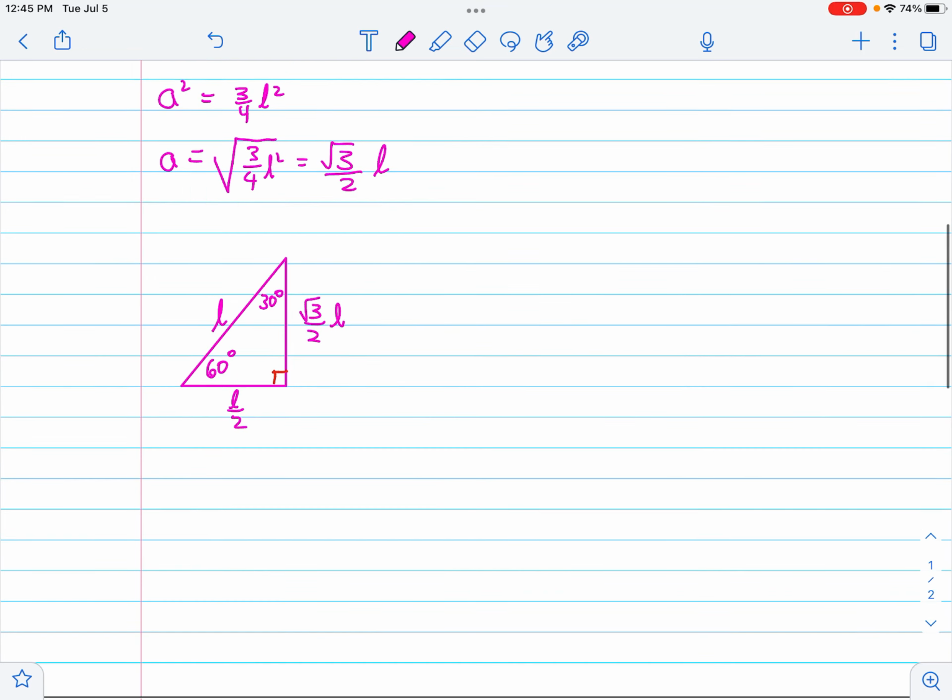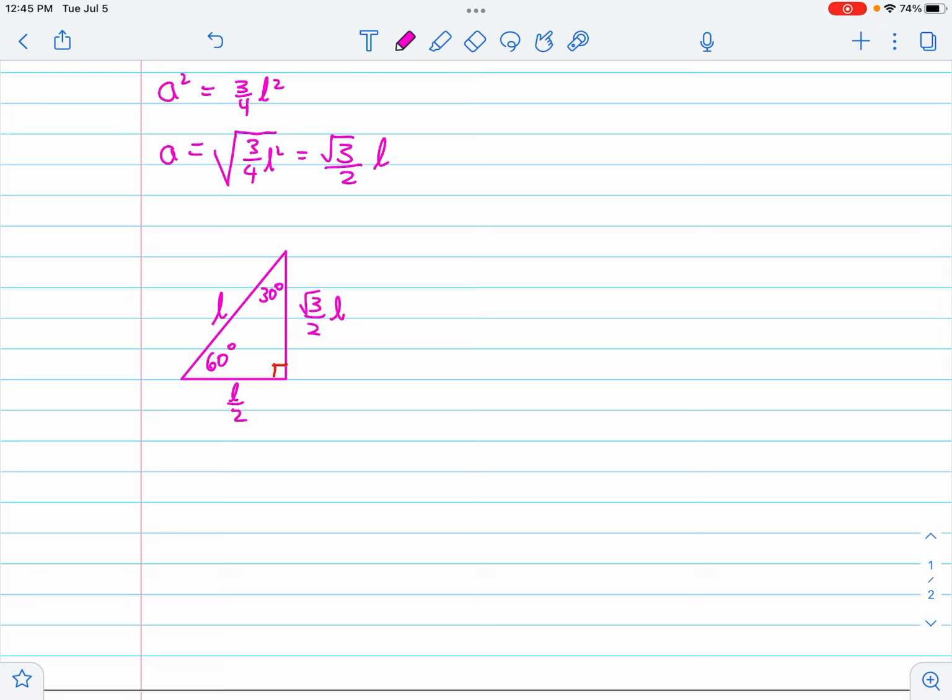So look, here's the thing. The side opposite the 60 degrees is 1/2 the hypotenuse times the square root of 3, or in other words, the square root of 3 over 2 L. The side opposite the 30 degrees is 1/2 the hypotenuse.